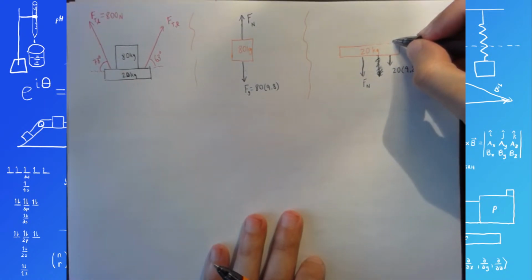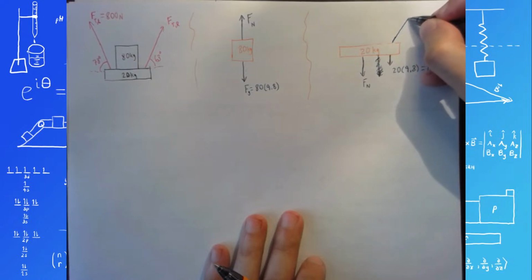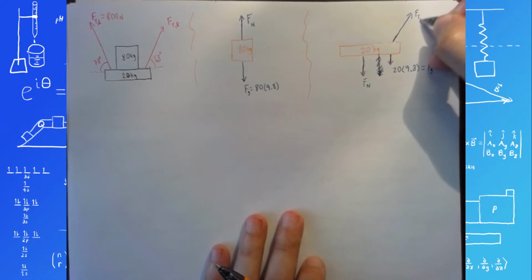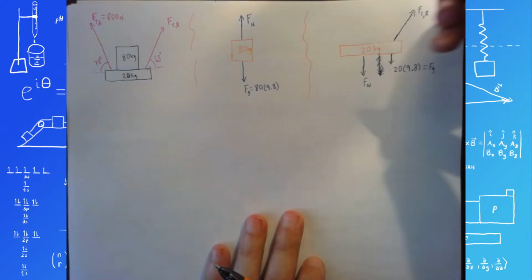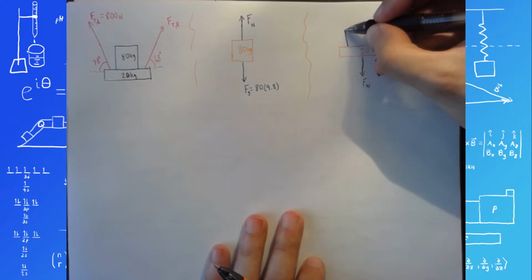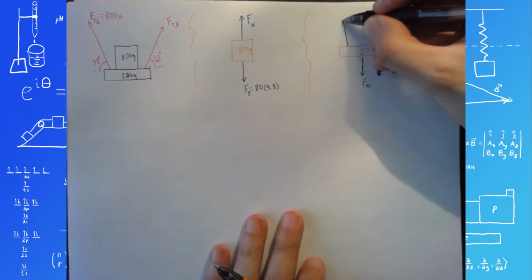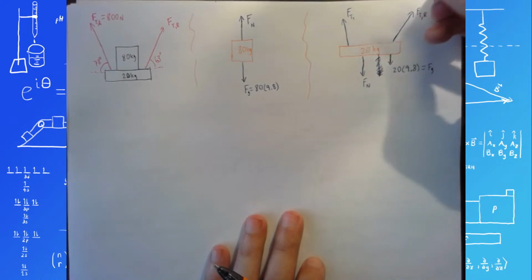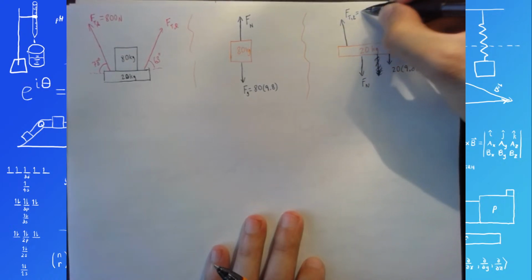Force of tension right, which is not completely to the right. And force of tension left, which is something like that. And we were told it was equal to 800 newtons.